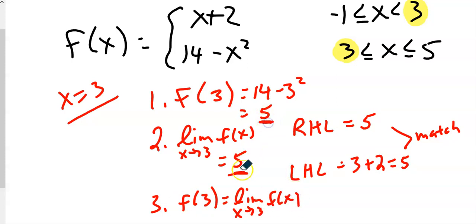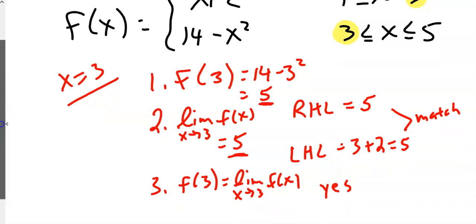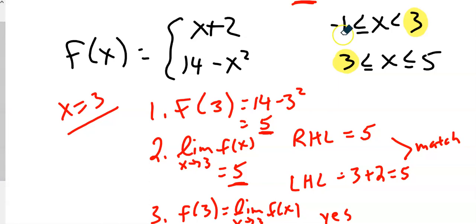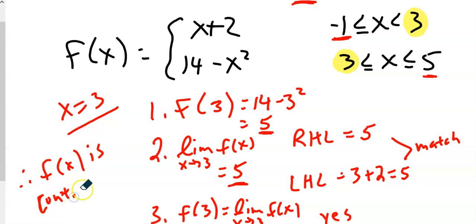So does this one equal this one? Sure does. So the answer is yes. Okay, so it is continuous throughout this domain. So there are no discontinuities. So it's continuous, though, only from -1 to 5. So therefore, f of x is continuous on the interval -1 to 5.